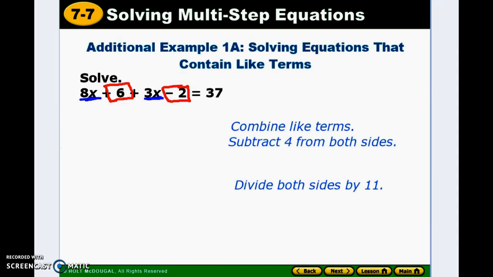The way you want to combine them is to read them the way they appear. So this will be 8x plus 3x. We want to put the x's together, so 8x plus 3x gives us 11x. And then with the regular numbers, we read them the way they appear, so it'll be 6 minus 2, and that will be positive 4.